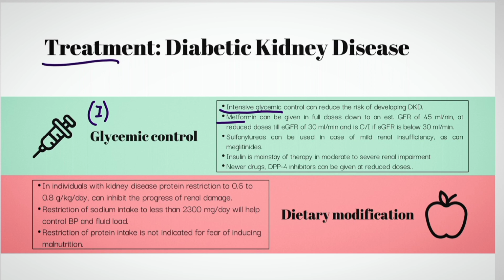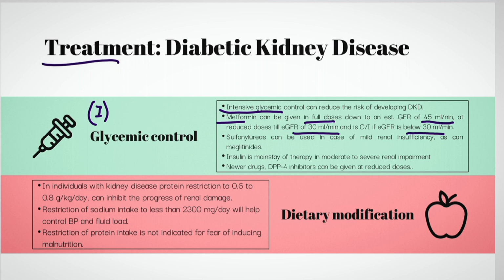If eGFR level is 45 ml per minute, then we can prescribe full doses of metformin. If the eGFR level is approximately 30 ml per minute, then we can reduce the dose of metformin, and if the eGFR level is below 30 ml per minute, then metformin is contraindicated.